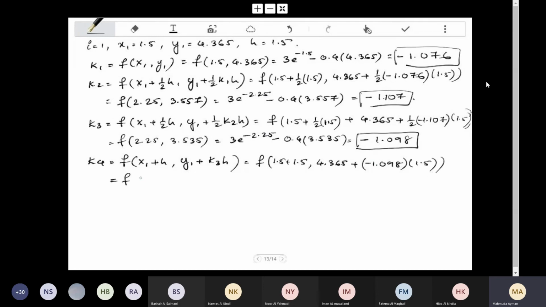To simplify that, you get the function at 3, 2.718, which is equal to 3e to the power minus 3 minus 0.4 times 2.718, which is equal to minus 0.9379.